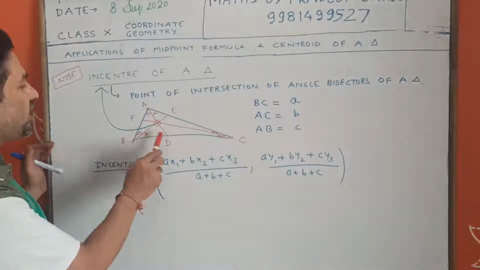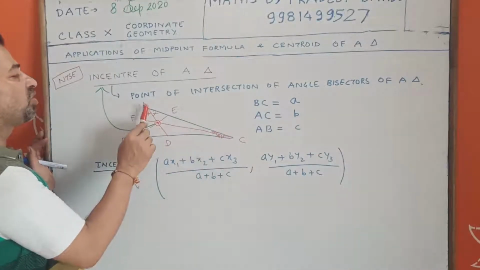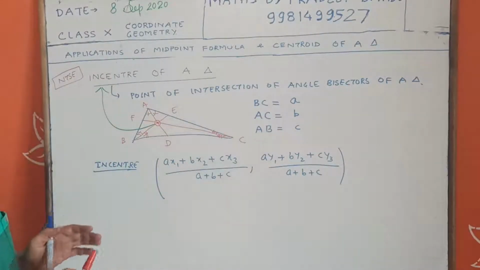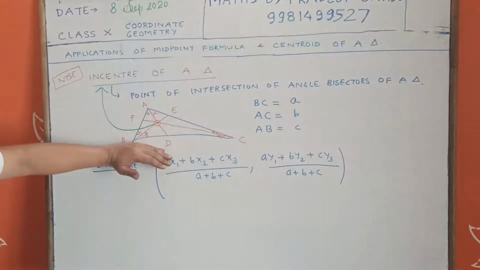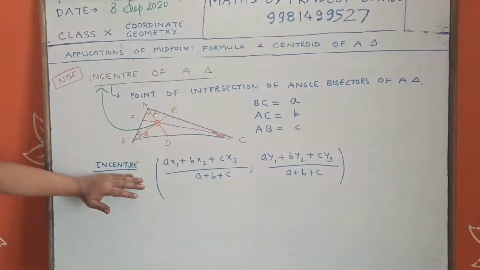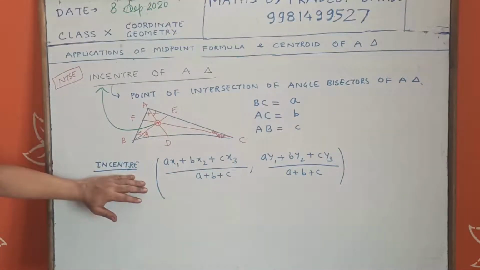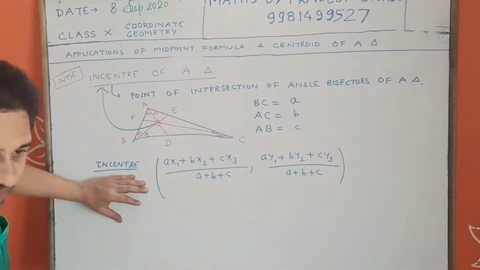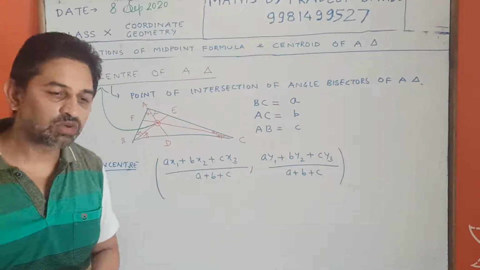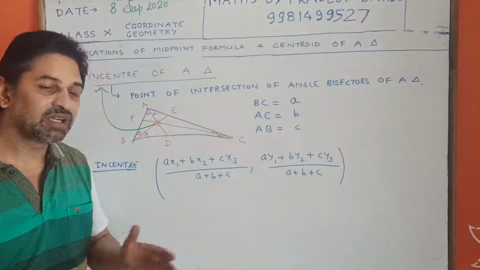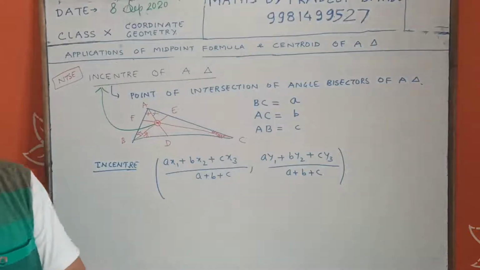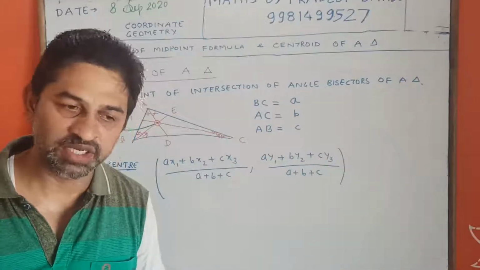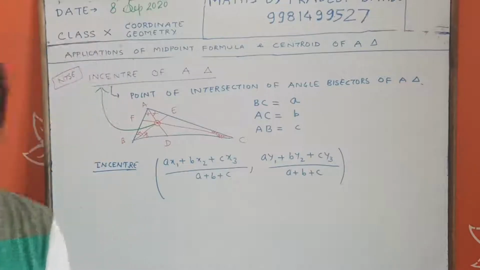So using this you can find the coordinates of the incenter, right? The concept we will be learning in class 11th. Similarly, how to find the orthocenter and circumcenter you will be learning in class 11th coordinate geometry, right?